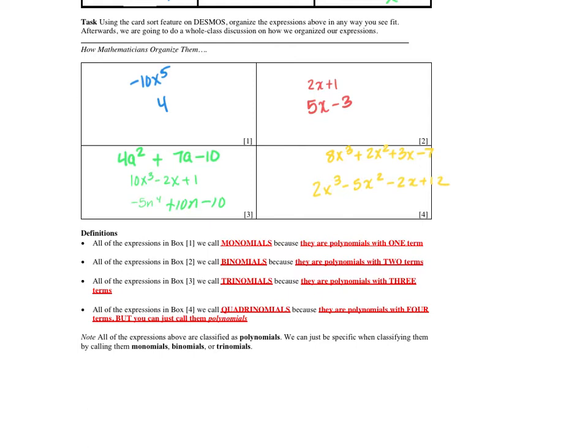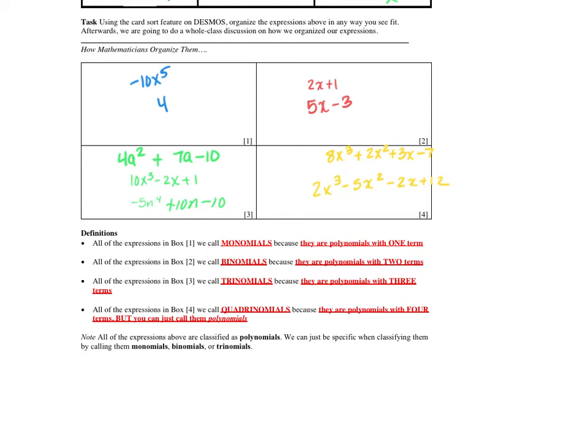So all the expressions in box 1 we call monomials. I'm giving you the heads up right now: all of these expressions are polynomials. But we can have special names for each of our polynomials. A one-termed polynomial is a monomial. The reason we call it a monomial is because they are polynomials with one term.